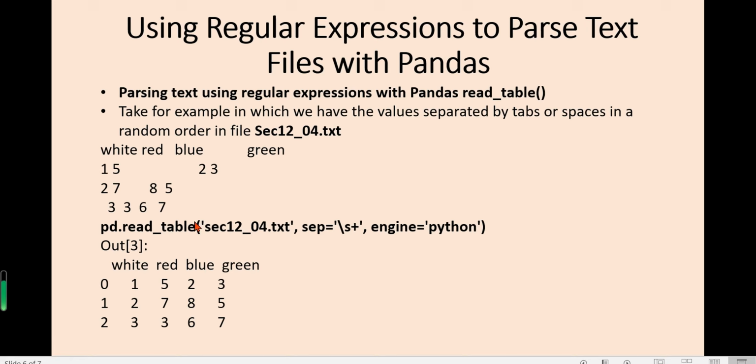So we can write pd.read_table, the file, and use sep equals backslash s plus sign, which means white space occurring one or more times. Engine is Python. The result will be a perfect data frame, with the column names from the first line in the raw file, an index automatically created from 0 to 2, and the values.